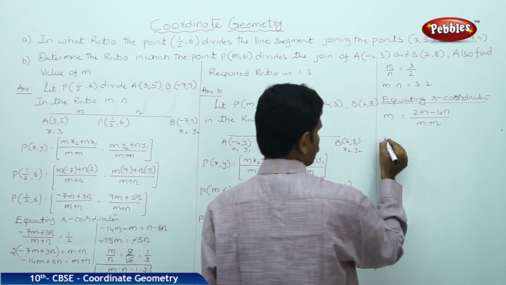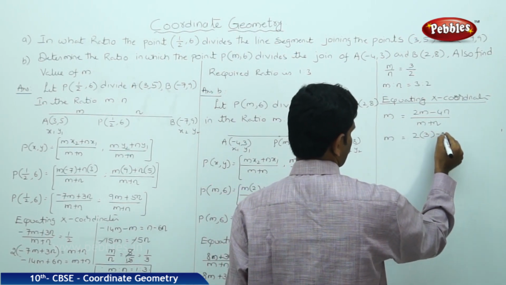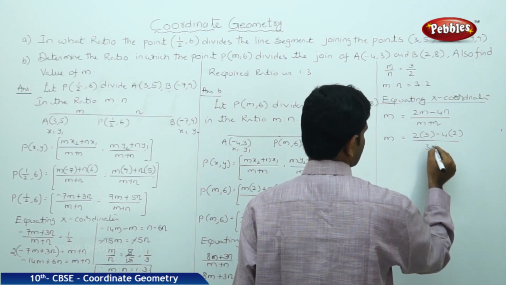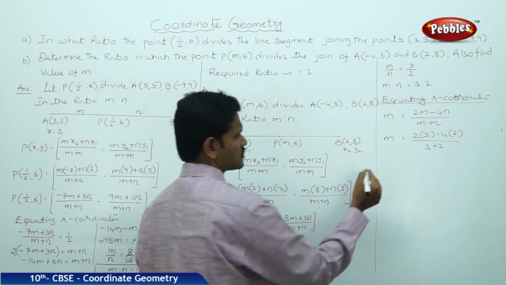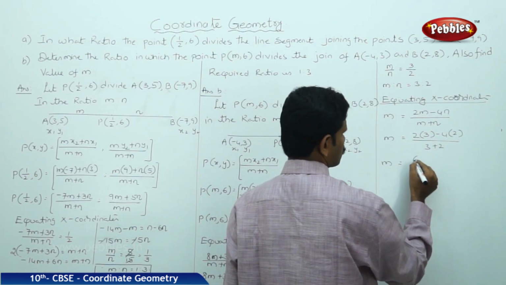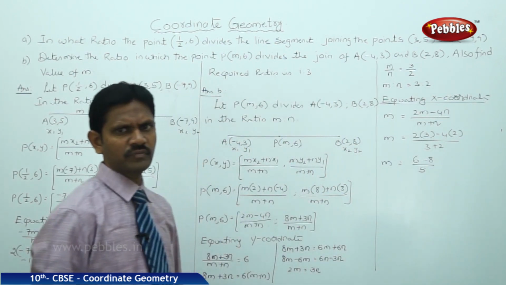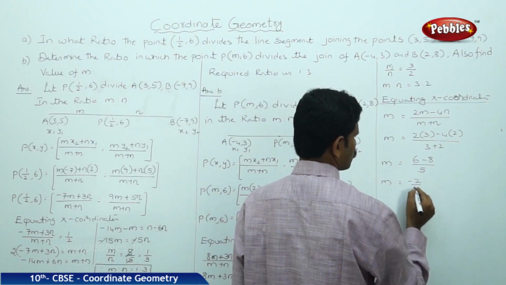Now m is equal to 2 times m value, which is 3, minus 4 times n value, which is 2, by 3 plus 2, that is m is equal to (6 minus 8) by 5, that is m is equal to minus 2 by 5.